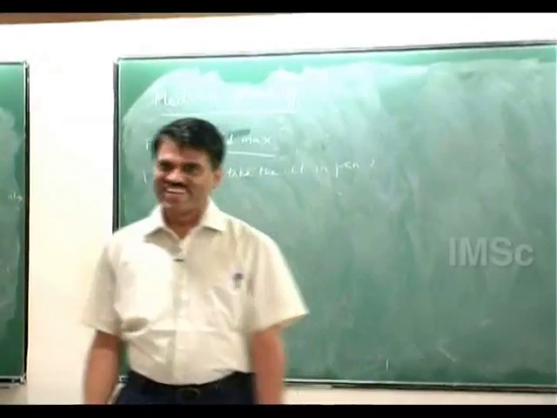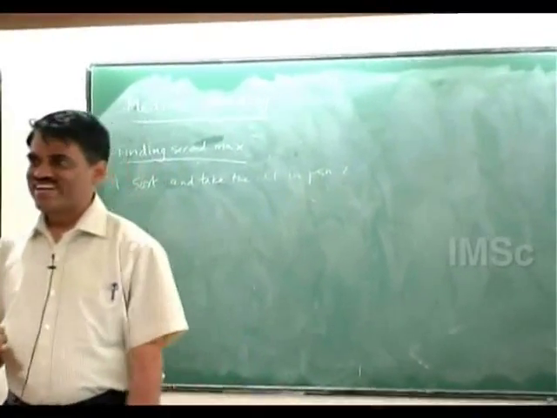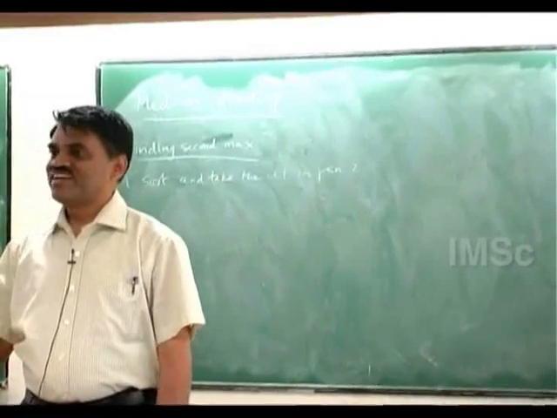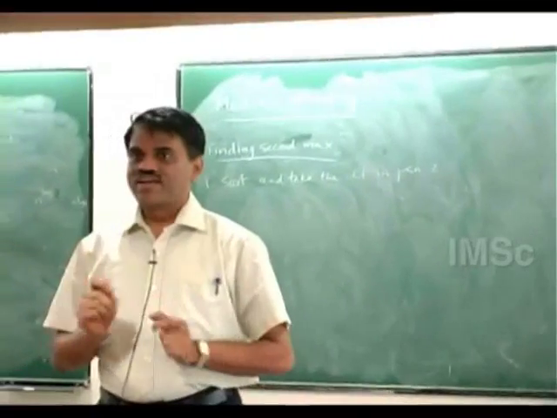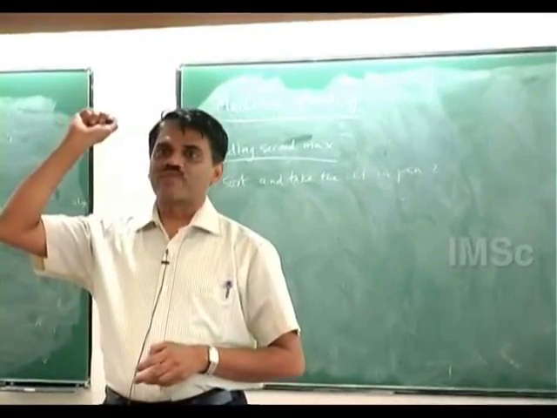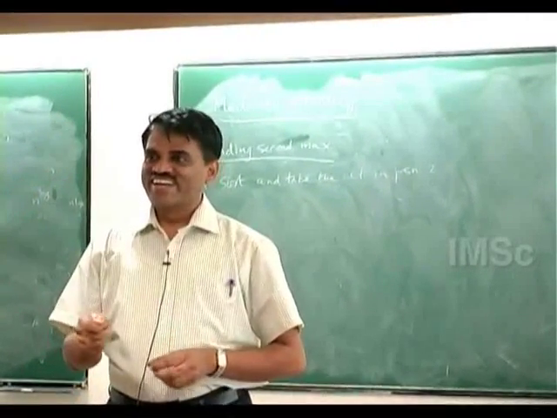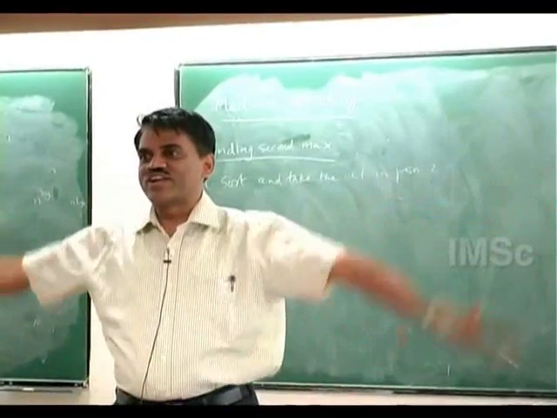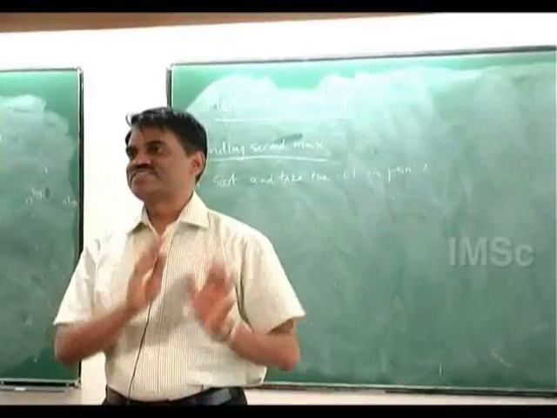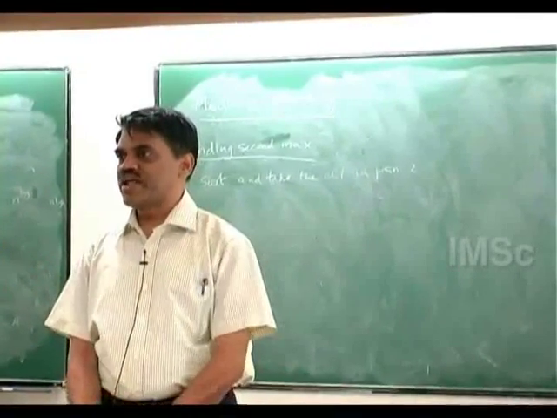How much time will this take? N square? N log n. This is like breaking a peanut with a hammer. I'm just asking you for one element and you say, okay, sort it. Obviously, this is an inefficient algorithm. Somebody else, give me a different algorithm.